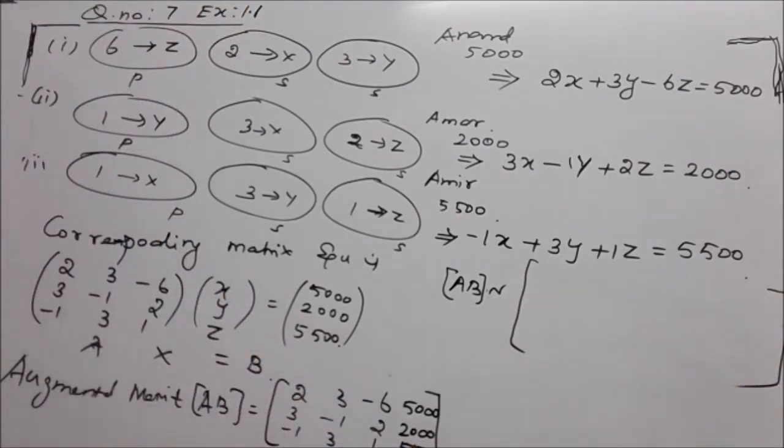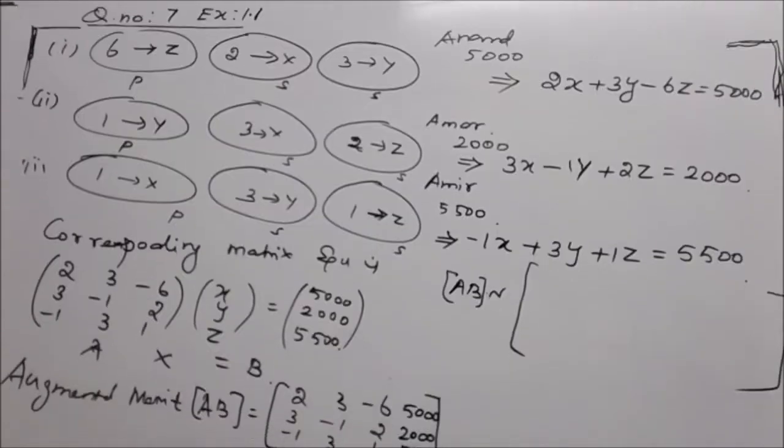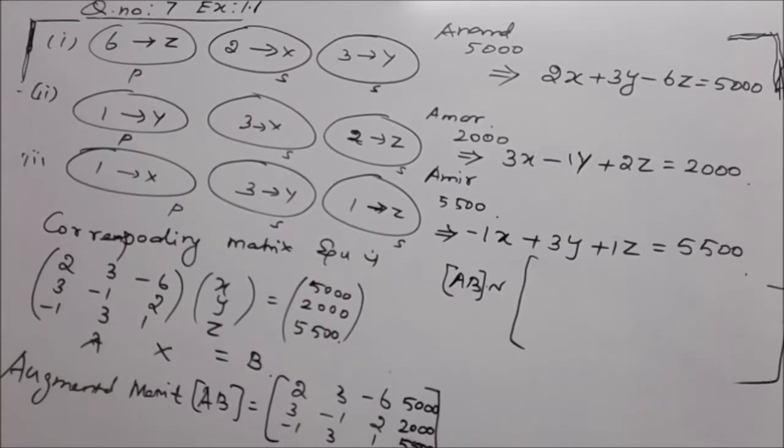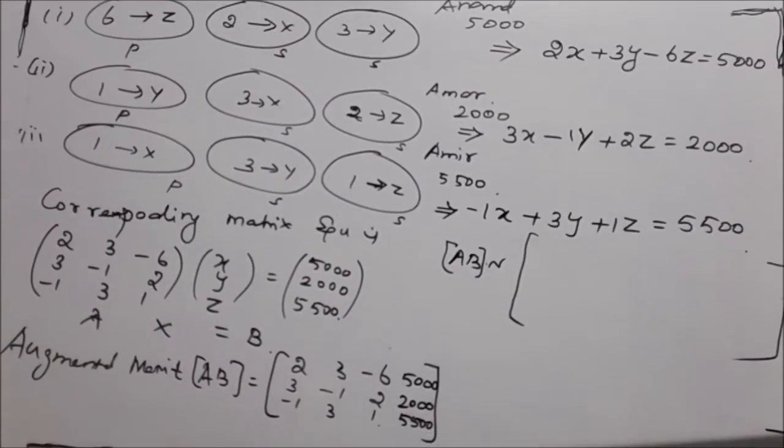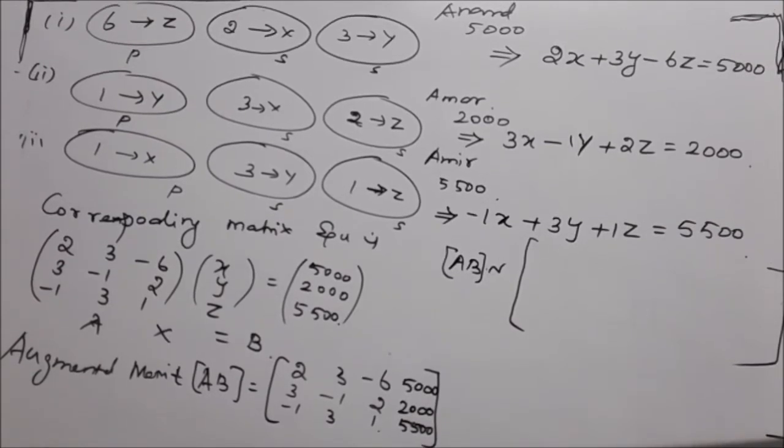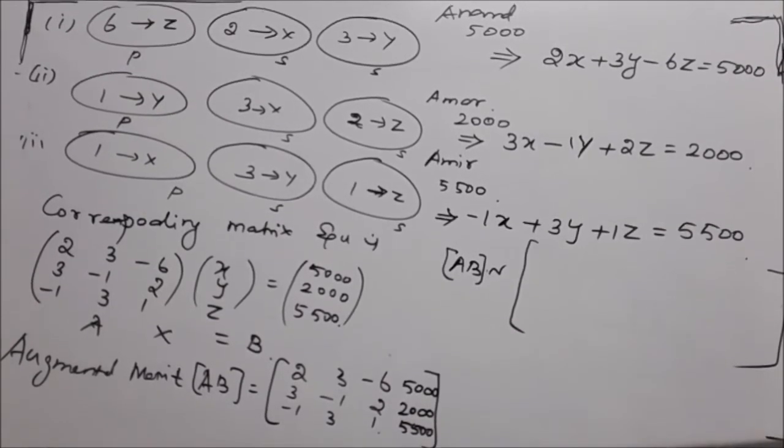now I aim to make this entry as 0, this minus 1 in the last row. We should make the last row entry as 0. Then in my last row we have minus 1, 3, 1, 5,500.